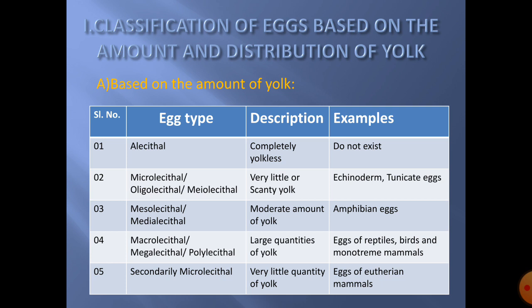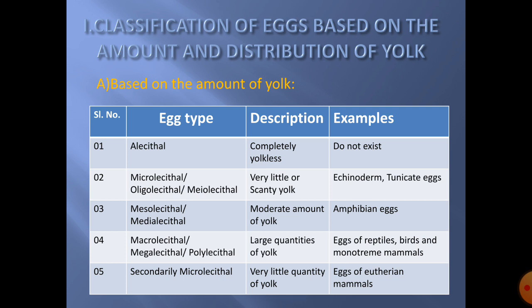The second type is microlecithal or oligolecithal or meolecithal egg. Micro means small, little, oligo means few. So these eggs are characterized by very little or scanty yolk. All echinoderm eggs, tunicate eggs belong to this type.